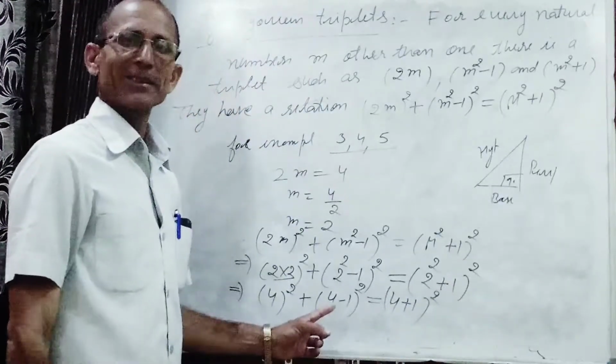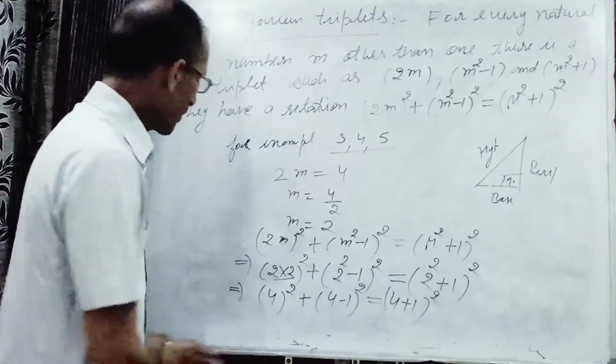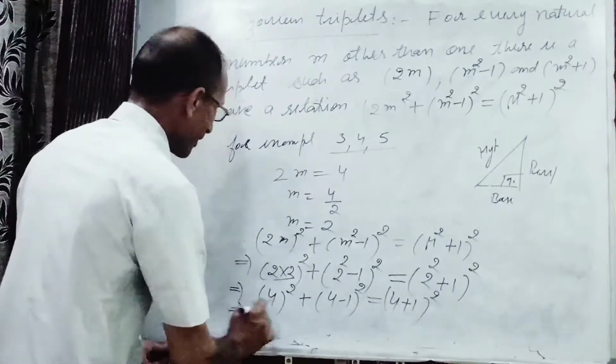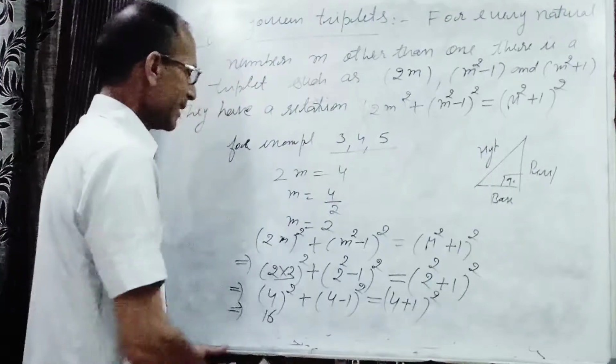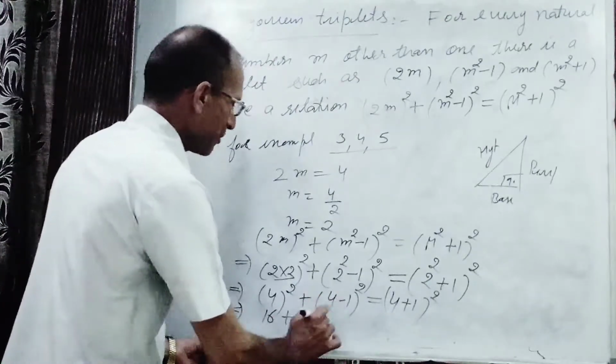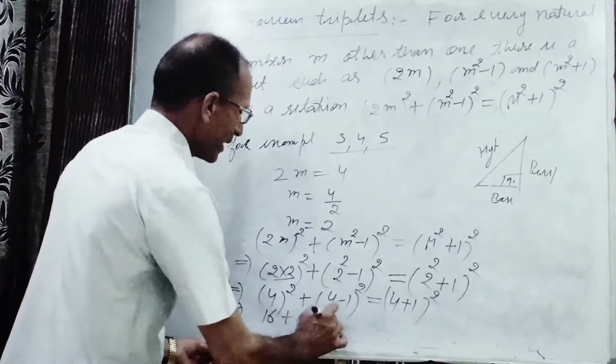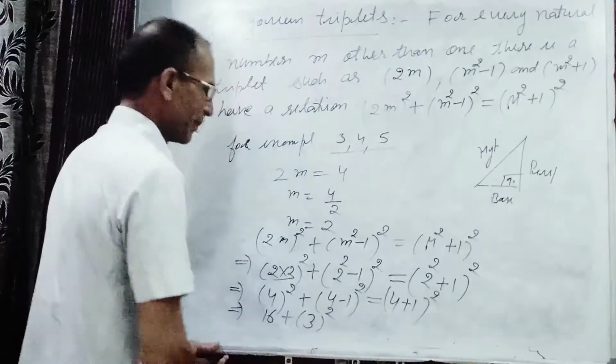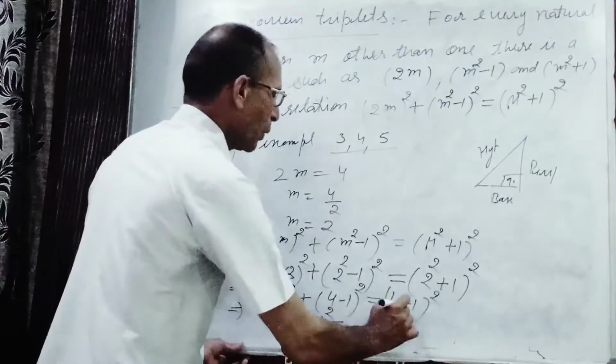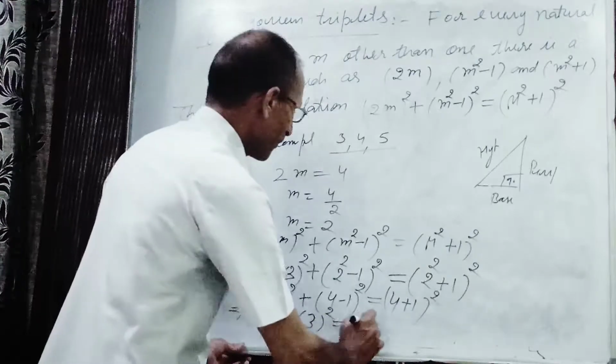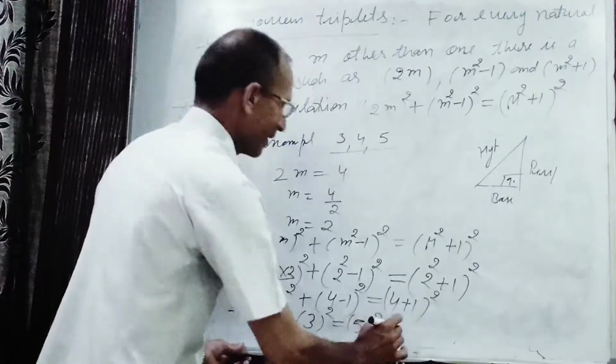Are you understanding? Yes. So 4 square is 16. 4 minus 1 is 3, 3 square is equal to 4 plus 1, which is 5, 5 square.